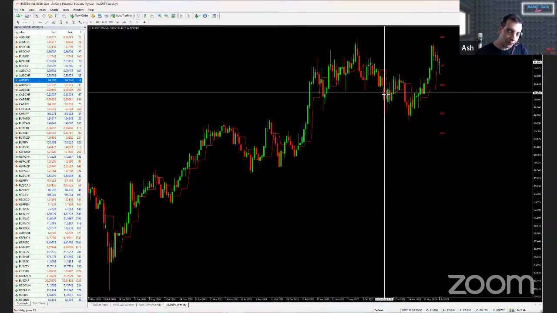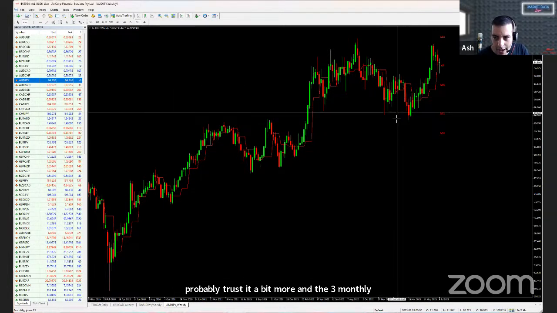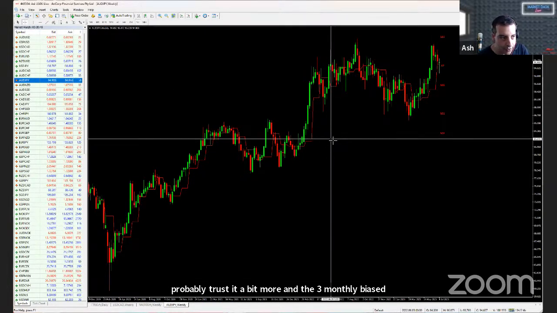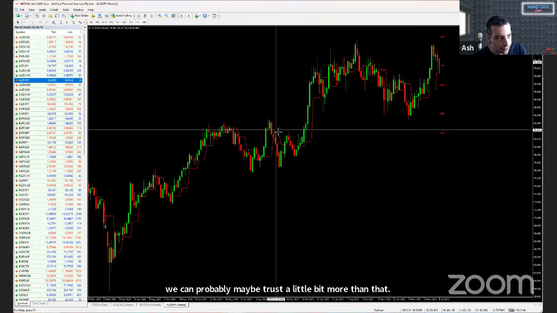The monthly bias we can probably trust a bit more, and the 3 monthly bias maybe a little bit more than that. So let me give you the weeklies and the monthly and the 3 monthly, and we'll see if anything correlates.